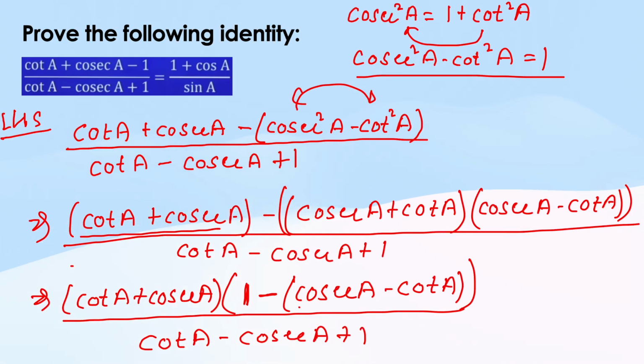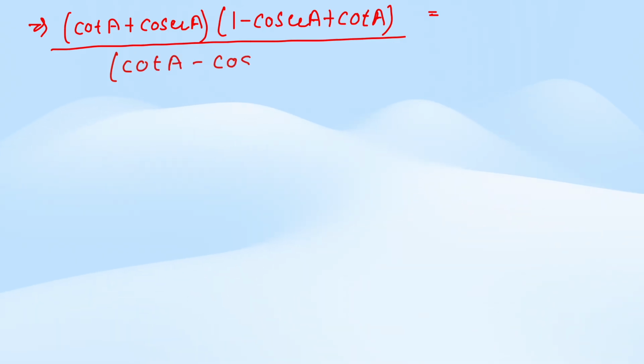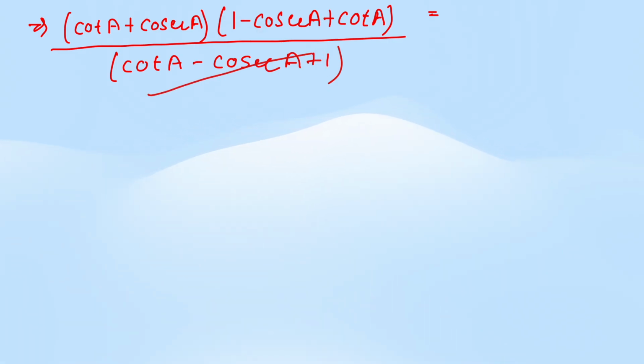Denominator was cot A minus cosec A plus 1. See here, this term and this term are the same. Cot A minus cosec A and plus 1. Just cancel them out. What will be left? It will be cot A plus cosec A.